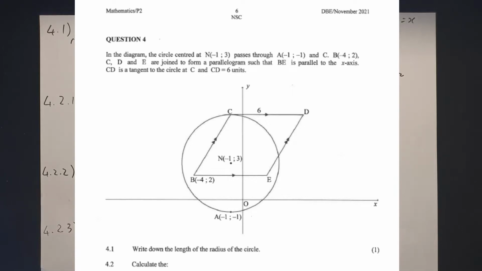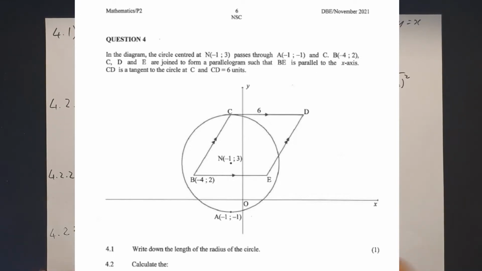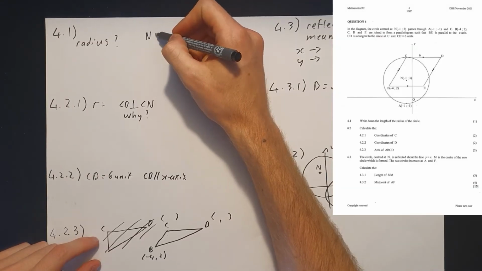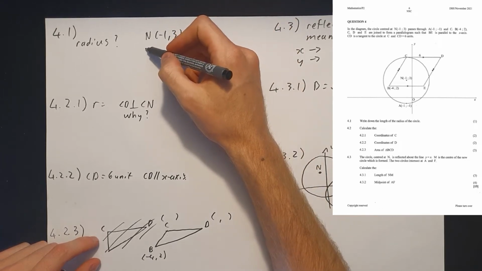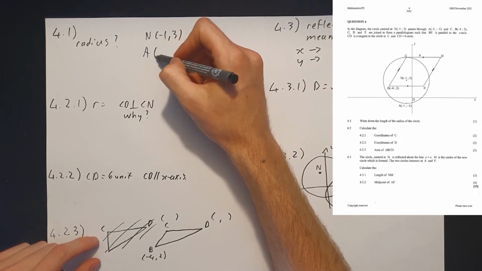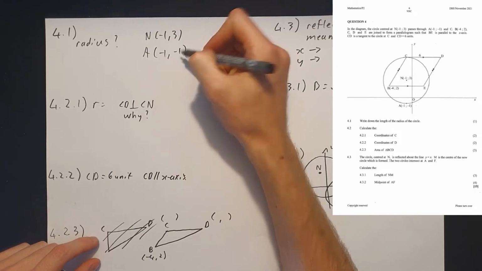So 4.1 says write down the length of the radius of the circle. If you notice, just by looking at that circle there, you can see that N and A lie in the same line. They have the exact same x coordinate. N is given as (-1, 3), and A is given as (-1, -1).